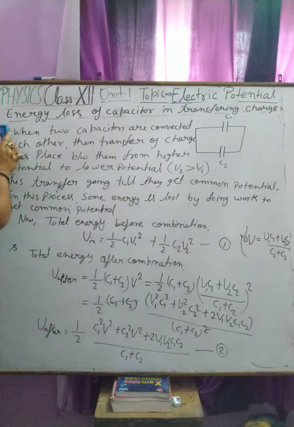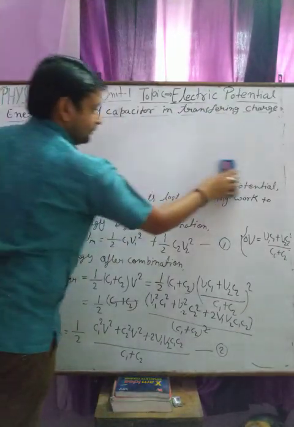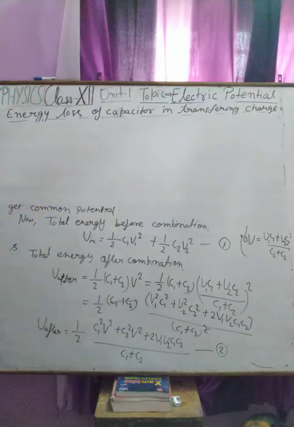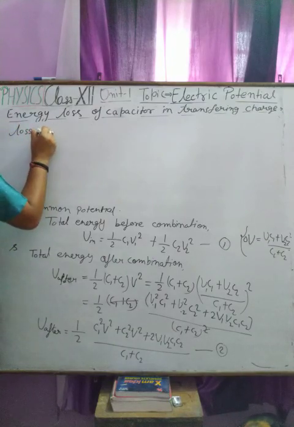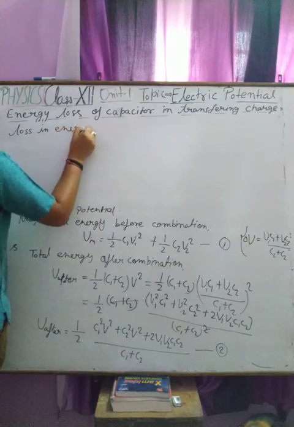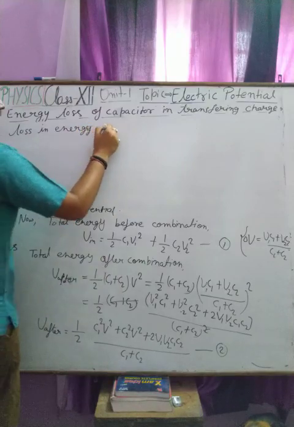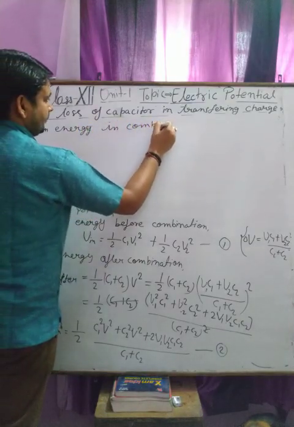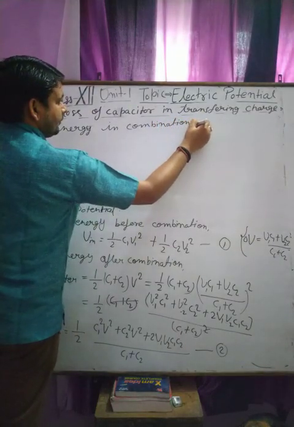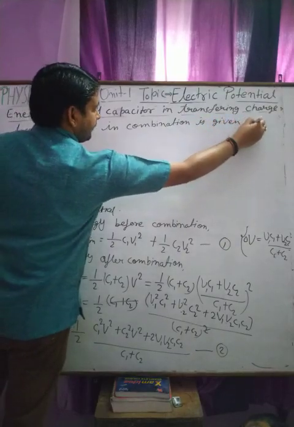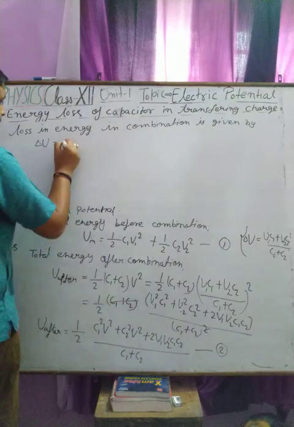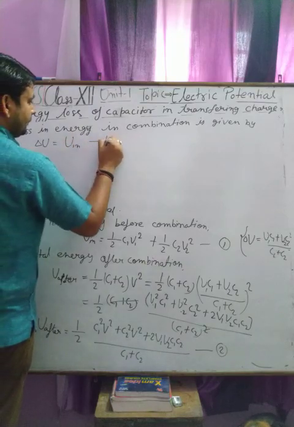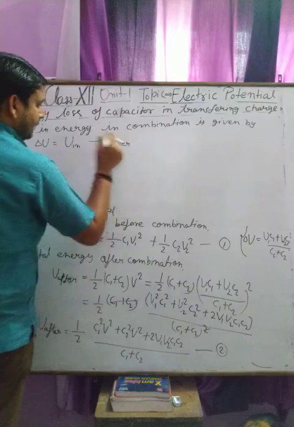Okay student, now loss in energy. Loss in energy in combination is given by del U is equal to initial energy minus energy after combination.